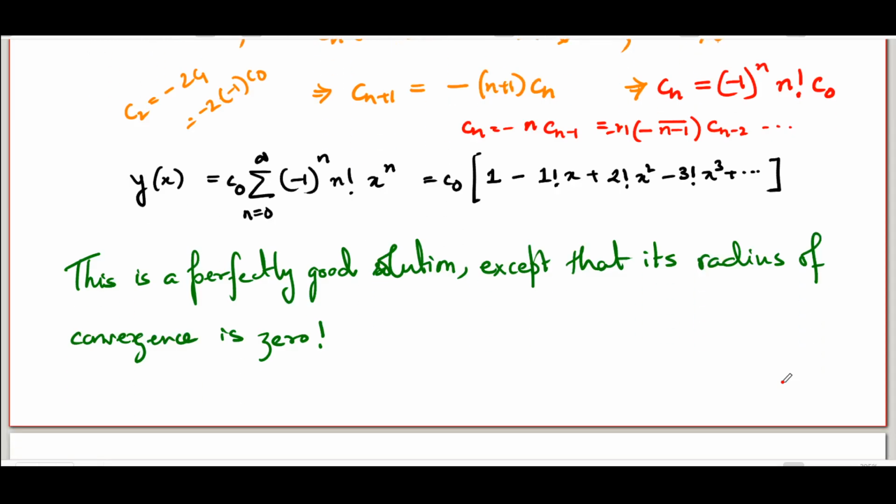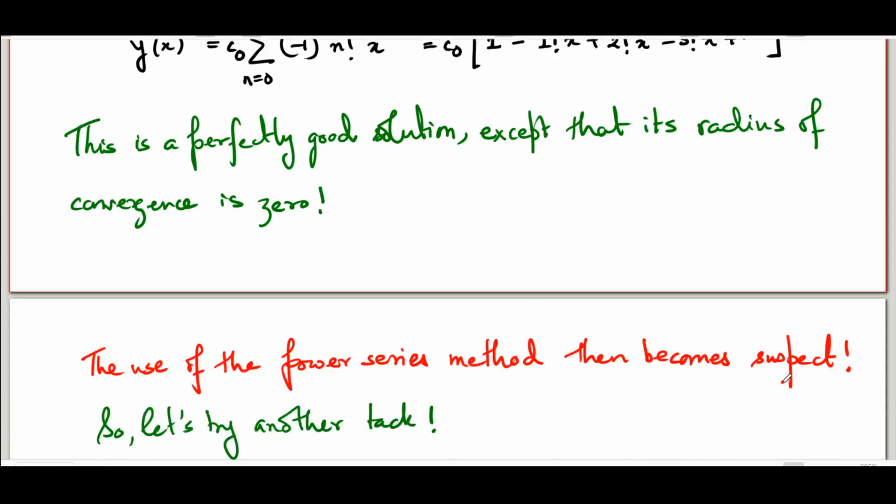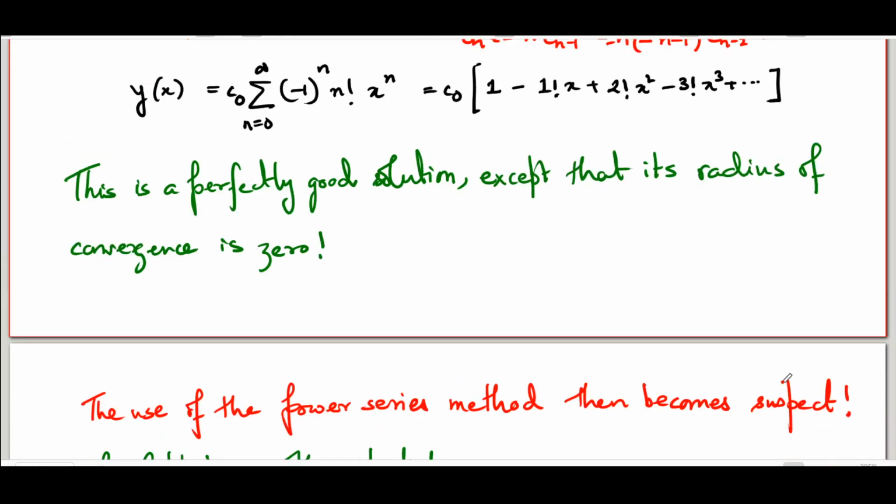So now this raises several questions. One of them is, we would love to say that this series is not really convergent but still is asymptotic to y of x.